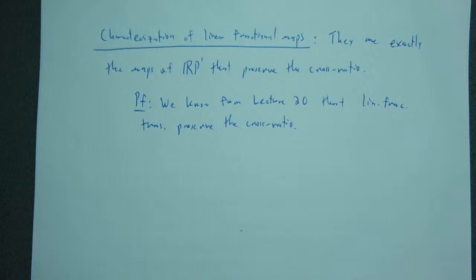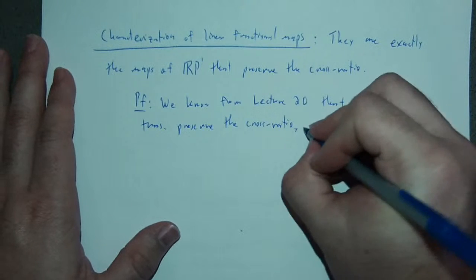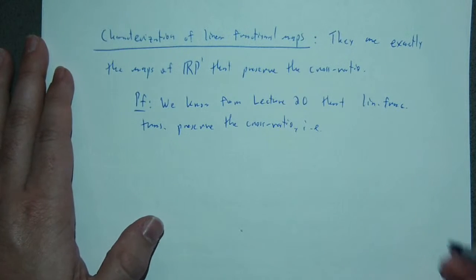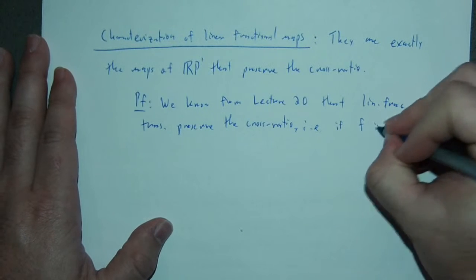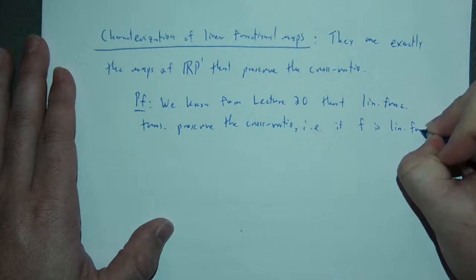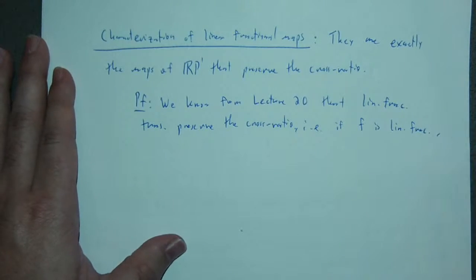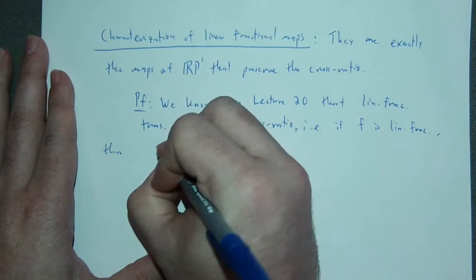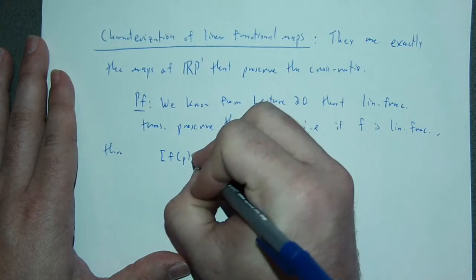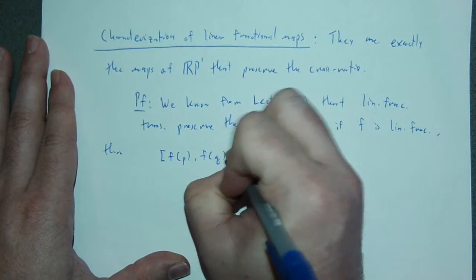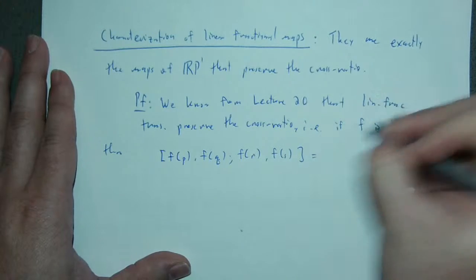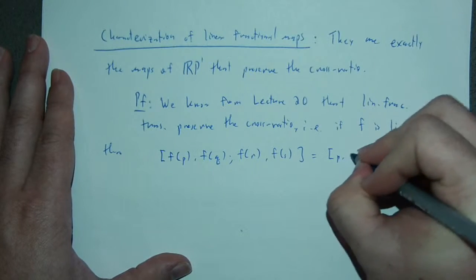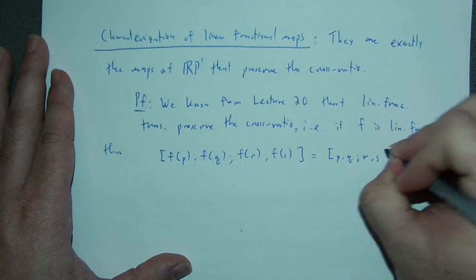So we know that from lecture 20, linear fractional transformations preserve the cross ratio, i.e., if f is a linear fractional map, then the cross ratio of f of p, f of q, f of r, f of s is equal to the cross ratio PQRS, right?